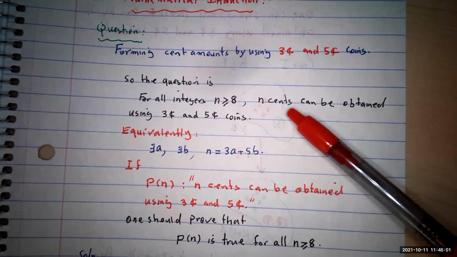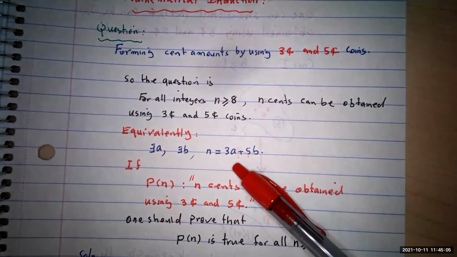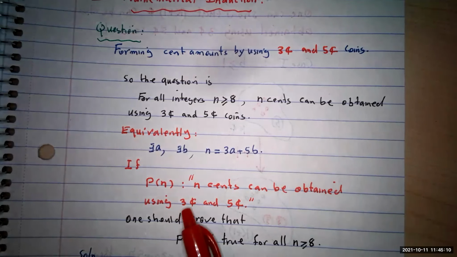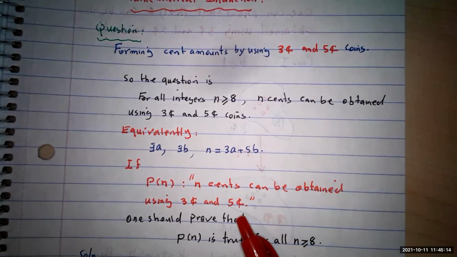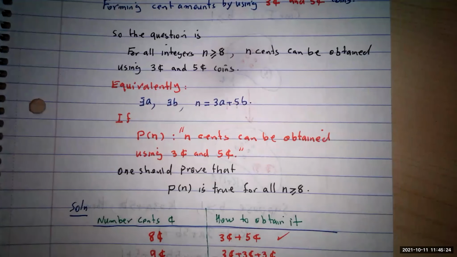Mathematically, this means if I give you a number greater than or equal to 8, can you write it down as a combination of 3 and 5? So we change it to the predicate form. When you change it to this predicate, you have 2 steps to prove. Step 1 is you have to prove this is true for the basic step, the basic value of n.